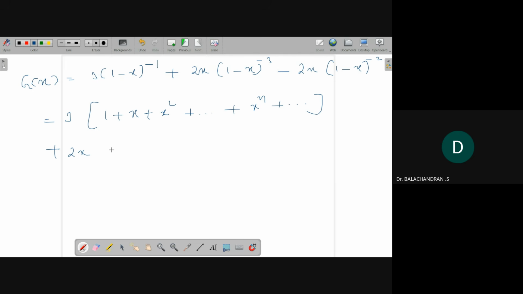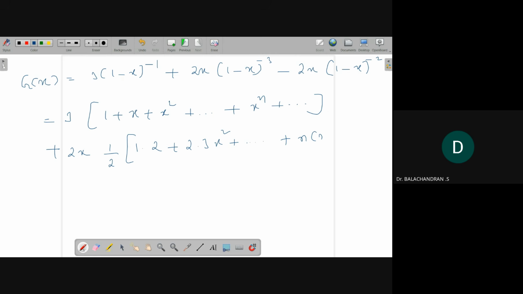Already I told that it should then write 1 by 2 into 1 into 2 plus 2 into 3 into x plus 3 into 4 into x cube and so on. Here I have an x term, so here I need x power n minus 1 term. What is x power n minus 1 now?